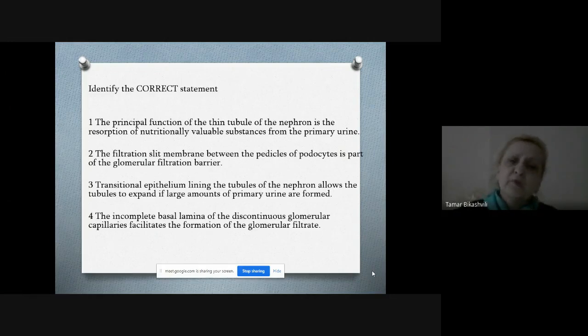Transitional epithelium, maybe you don't know it, but we'll talk about this next week, lining the tubules of the nephron allows the tubules to expand if large amounts of primary urine are formed. The incomplete basal lamina of the discontinuous glomerular capillaries facilitates the formation of the glomerular filtrate.